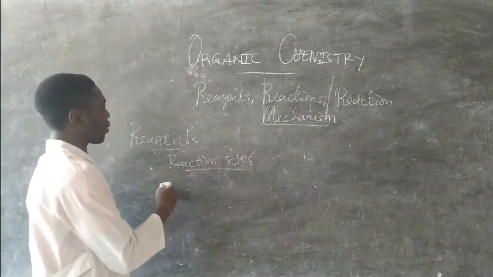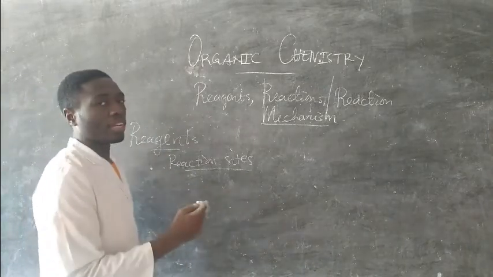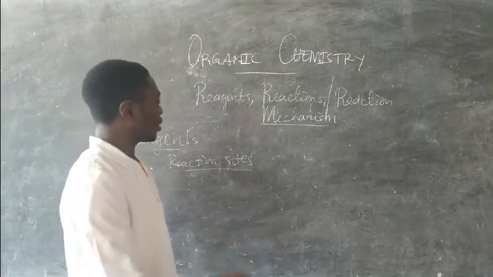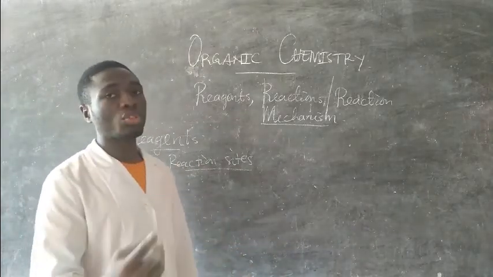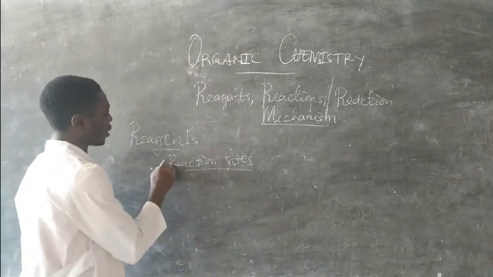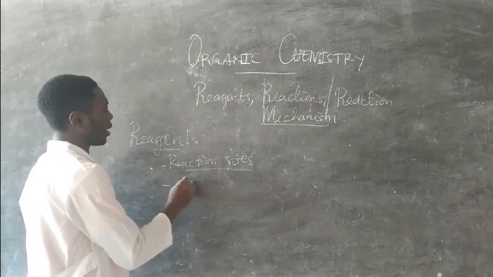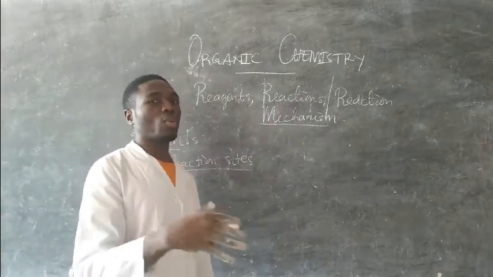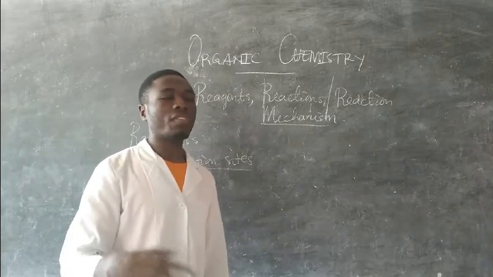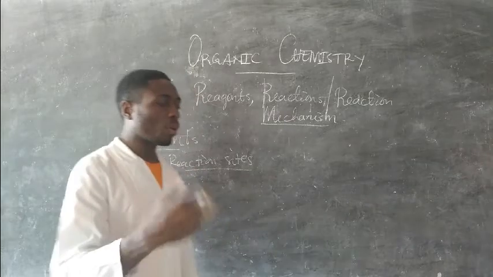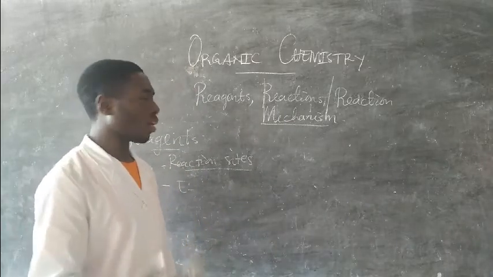For example, a nucleophile is an electron-rich species; we call it a nucleophile because it has a site of high electron density. Then the electrophile is an electron-deficient species, because it has a region of low electron density around it.